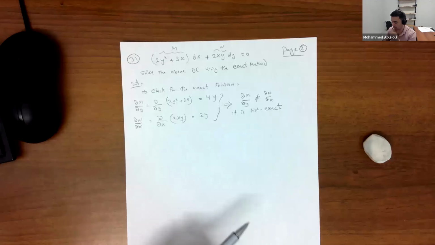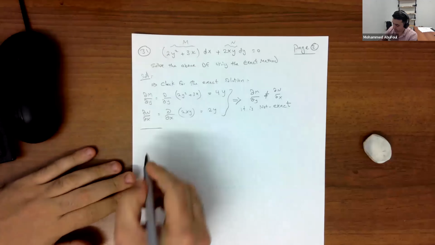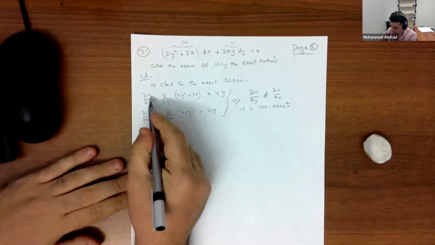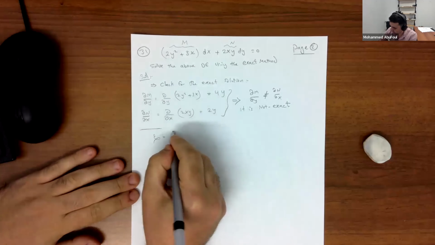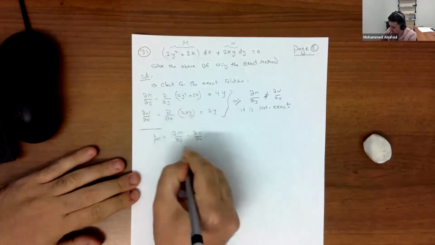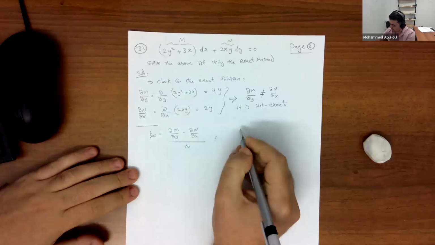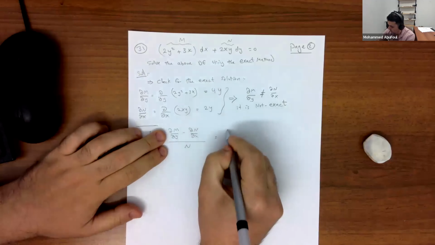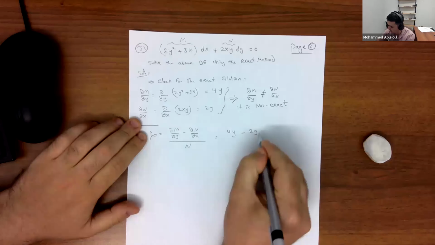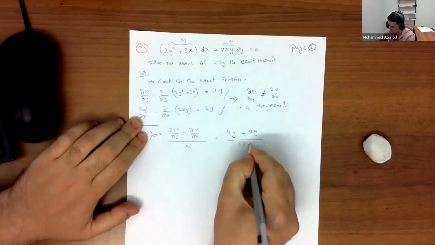So what we can do is find zeta. Zeta is equal to partial M over partial y minus partial N over partial x, divided by N. That is 4y minus 2y over N, which is 2xy.